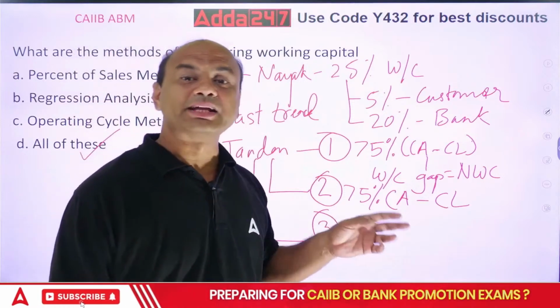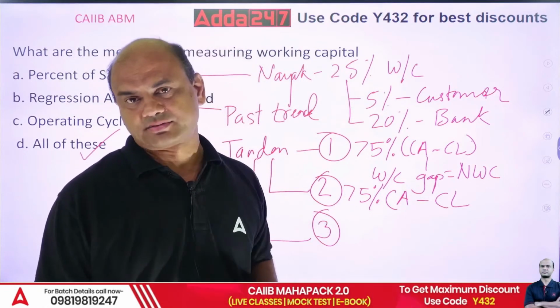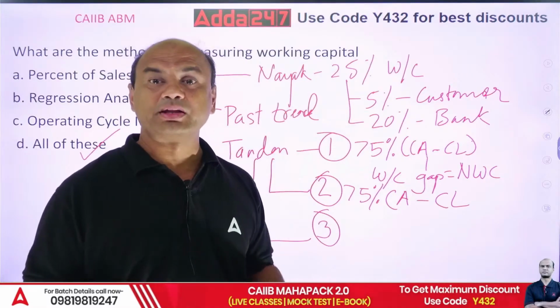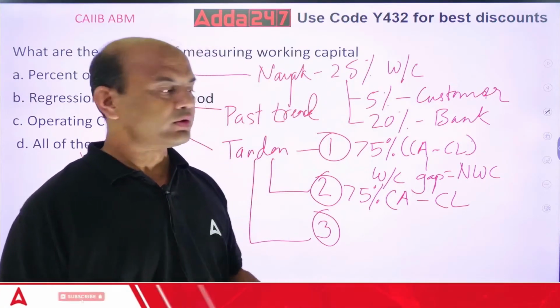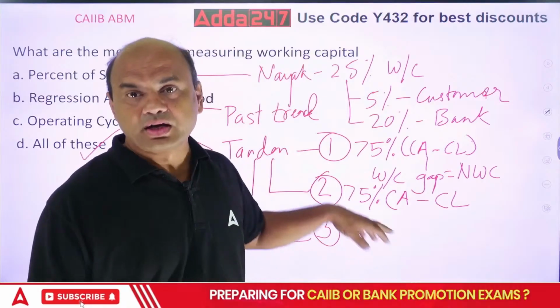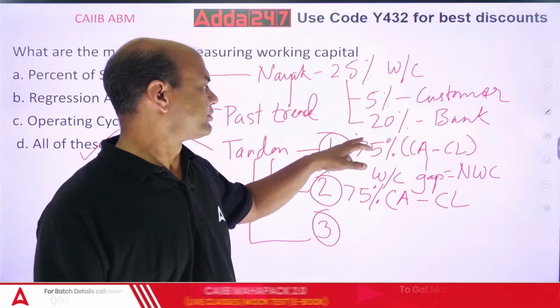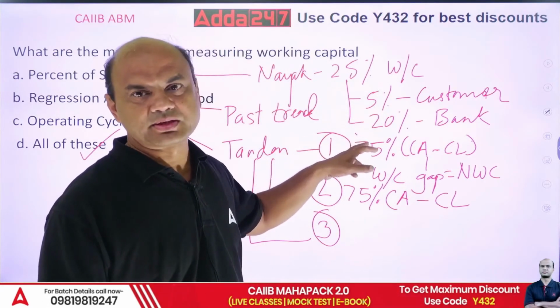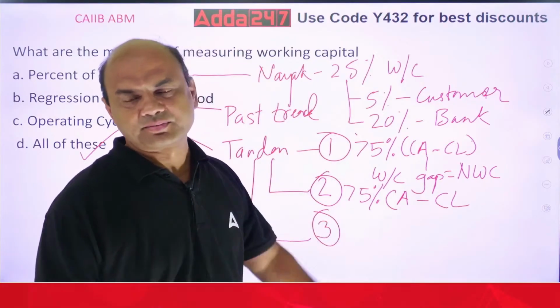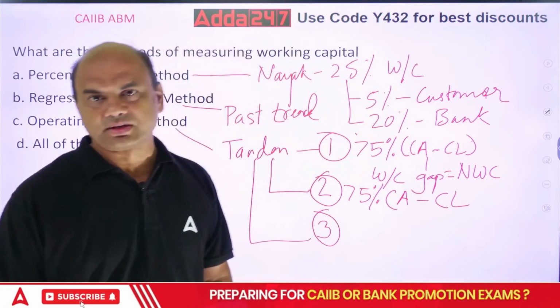It is used for sanctioning the CC, for sanctioning a disbursement. DP calculation uses the first method, sanctioning the second method.